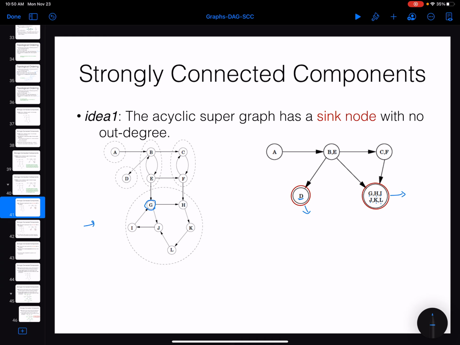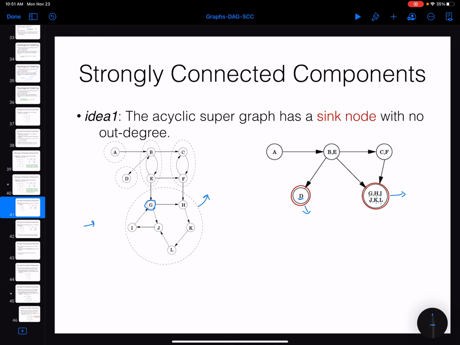I know that the result of running BFS or DFS is going to be all the nodes in the same strongly connected component. If you run the BFS or DFS over G, you will visit H, J, I, K, and L, and you cannot visit anything else. The reason is that there is no edge going out of this strongly connected component.